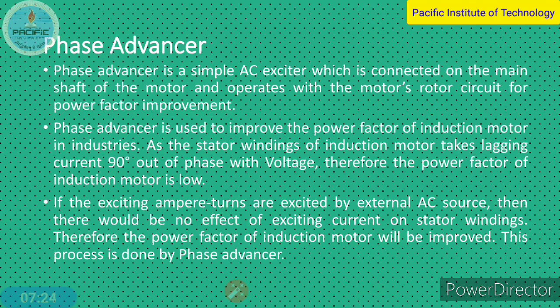The phase advancer is nothing but a simple AC exciter which is connected on the main shaft of the motor whose power factor is to be improved, and it gets its operating power from the motor rotor circuit. Phase advancers are used to improve the power factor of induction motors in industries.